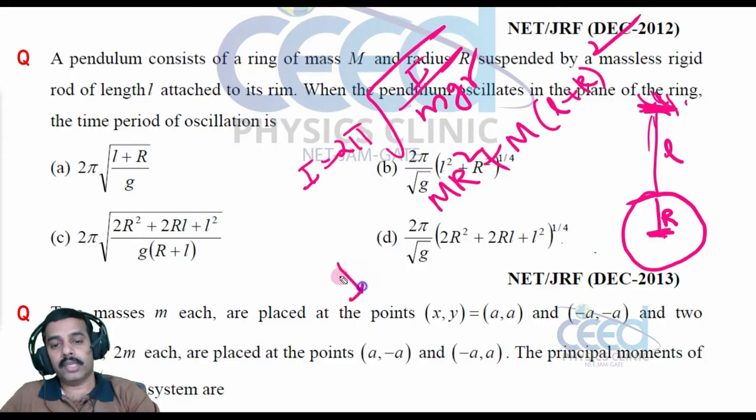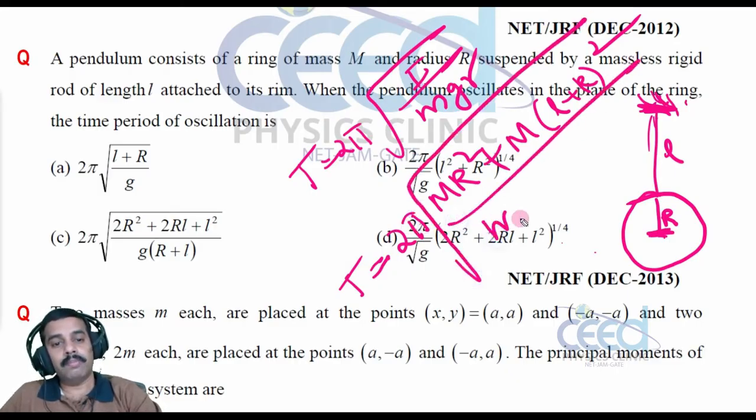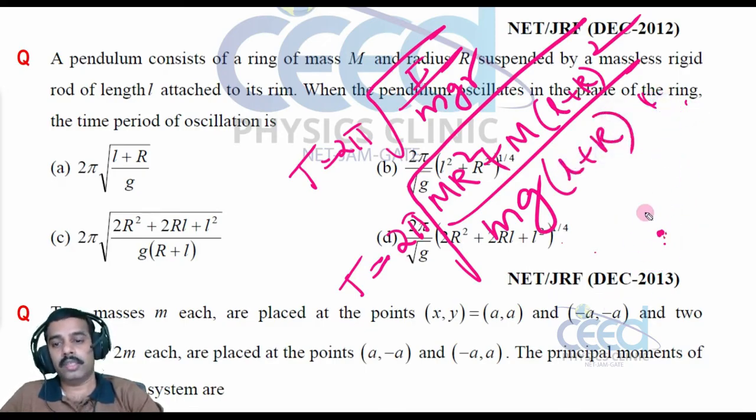So T is equal to, this is moment of inertia, sorry, this is time period, I am writing 2 pi root I by m g into what is r? It is the separation between this fixed axis and the center of mass position, that is L plus R. Now you can simplify this, that will be the final answer, right?